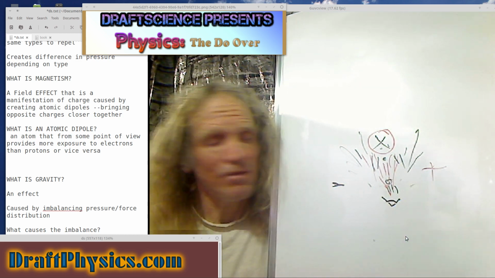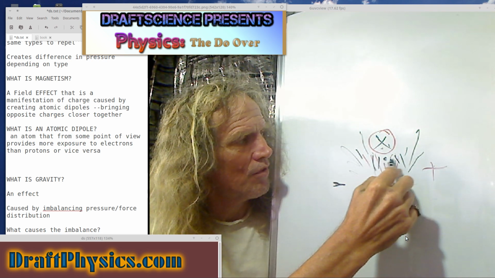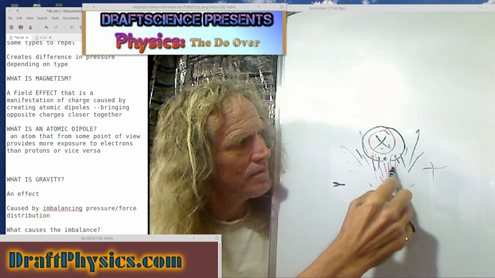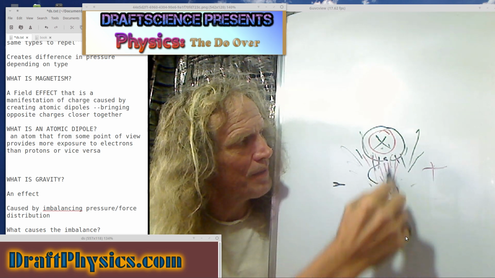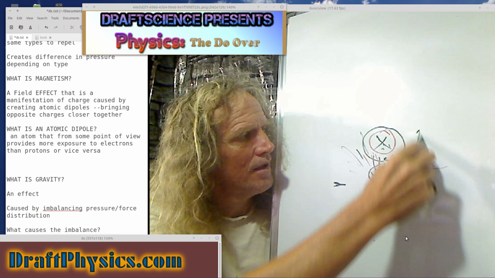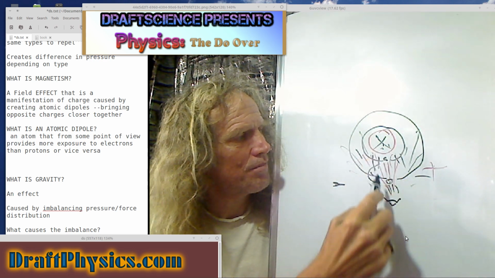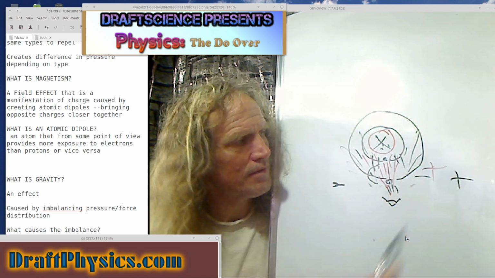And that's essentially polarity. You can think of the polarity of an atom as just how far away the electrons are from the proton. If I make the electrons further away, I make this into a negative atom. If I make the electrons close to the proton, I make it into a positive atom.